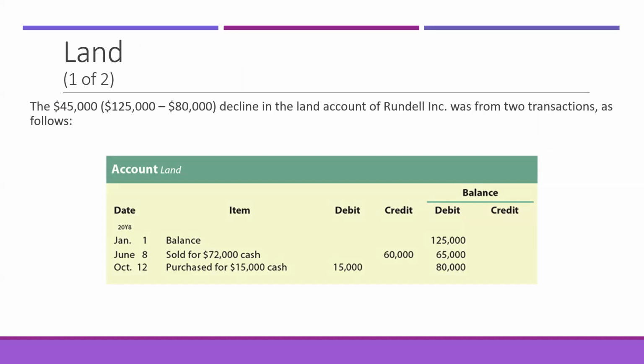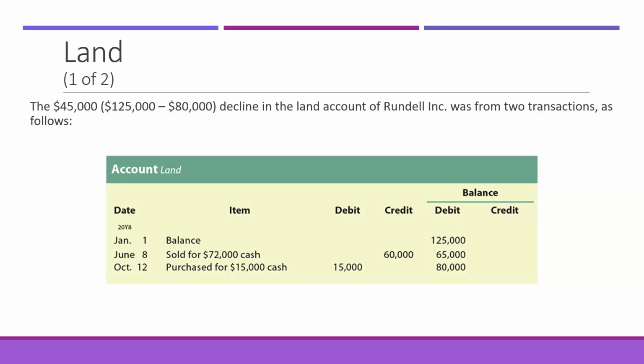Because we sold land, so there's a $45,000 decrease in land from the beginning of the year to the end of the year. But there's more depth to it than that for the statement of cash flows.